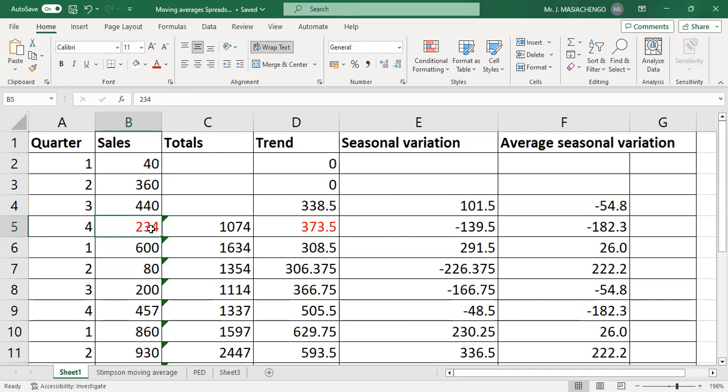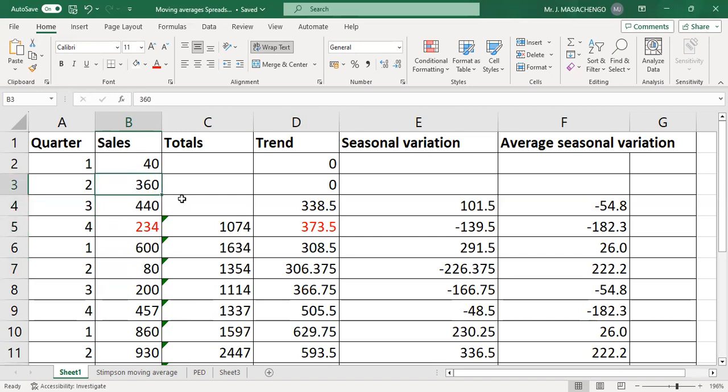I'm saying 234 times 2 plus, above this one, 440 times 2 plus, just below the current cell is 600, we say plus 600 times 2, but just below that, to make it 8, we just add 80, we don't multiply, say plus 80. Then just above that, above this 440, there's 360 again.